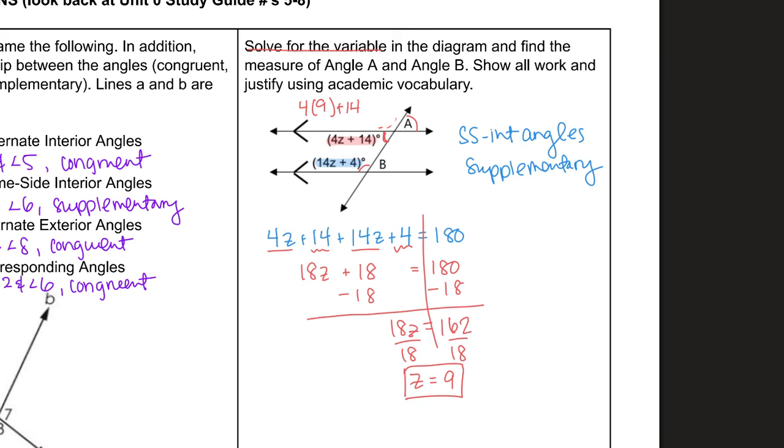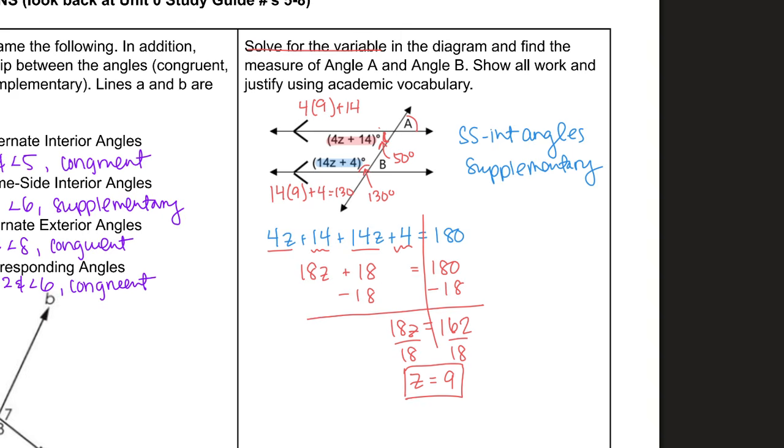So let me write it in the proper spot. This angle right here is going to be 50 degrees. And we know that these are supplementary. So when I plug in 9 for z here, 14 times 9 plus 4, that's going to give us 130. So this angle right here is 130 degrees.